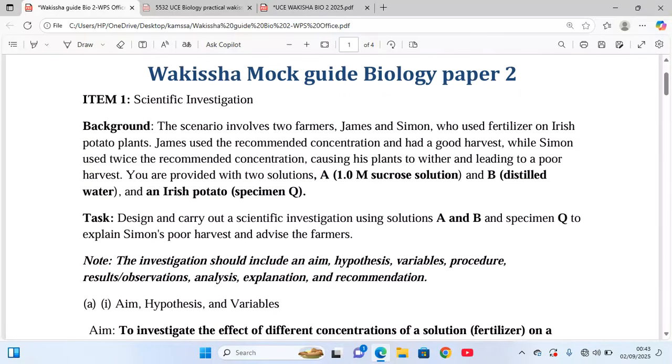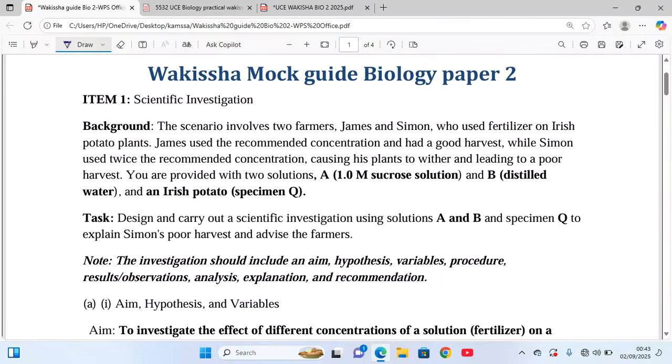So here we have our guide, and we see that solution A was a 0.1 molar solution of sucrose according to the materials that were given, and then B was distilled water, specimen Q, an Irish potato.